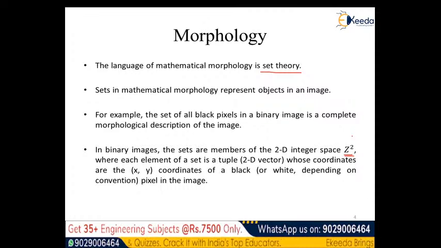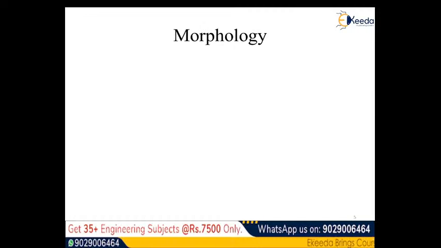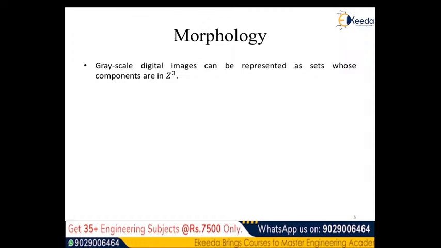Now if we extend binary image processing with the help of morphological operations to the next level, the grayscale images and further the digital images, these can be represented as sets whose components are in the space defined by Z cube. So here we are going towards more complexity with the increase of one more dimension. From the 2-dimensional case we are moving to the 3-dimensional case.